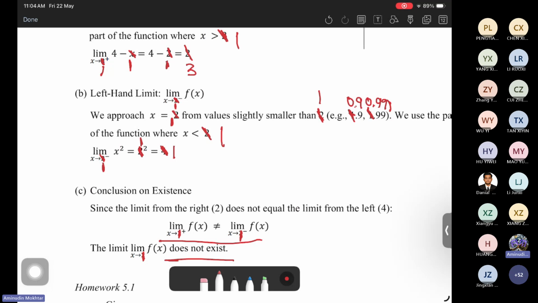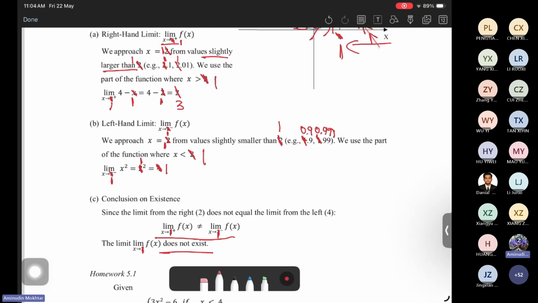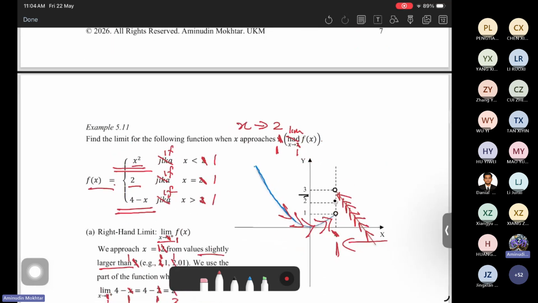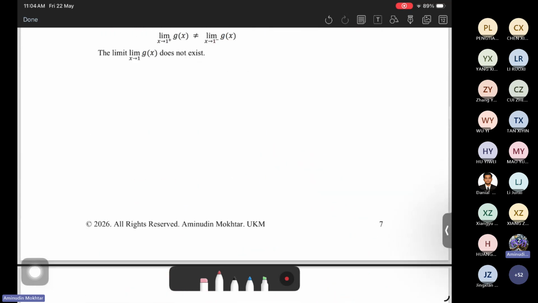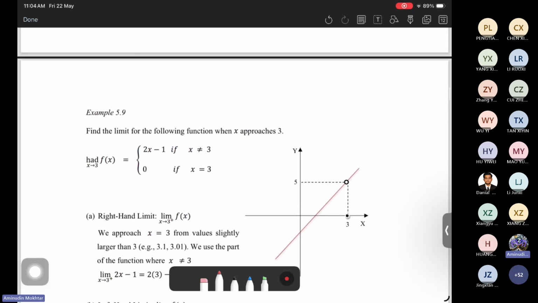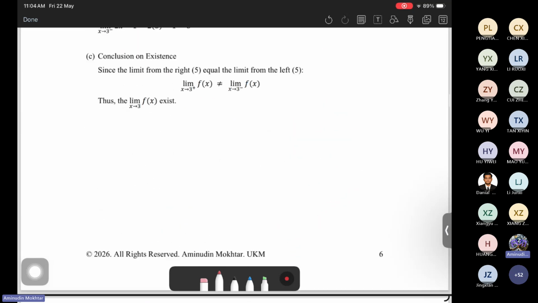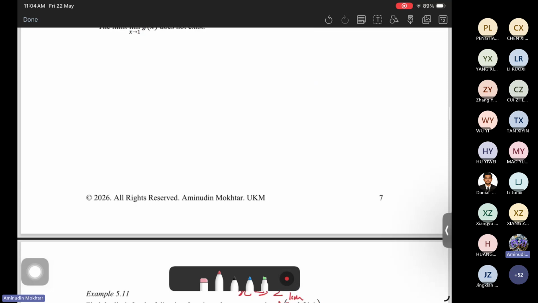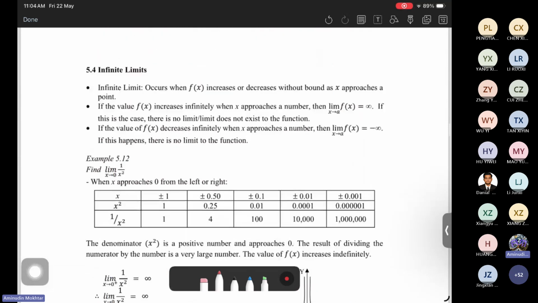In other words, when the left hand limit equals the right hand limit, the values of the limit are equal, we can conclude that the limit exists when x approaches that number. Okay, that is from example 5.1. I hope you can review another example in order to improve your understanding about the right hand limit and the left hand limit.